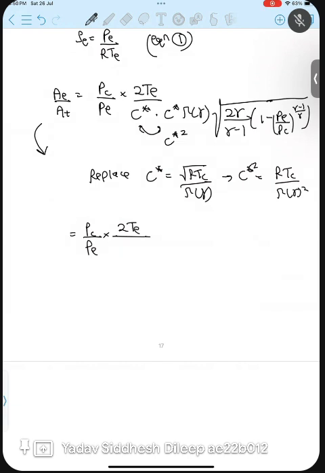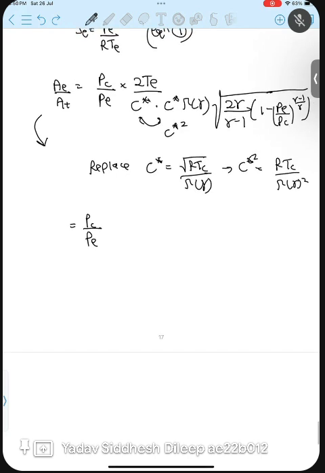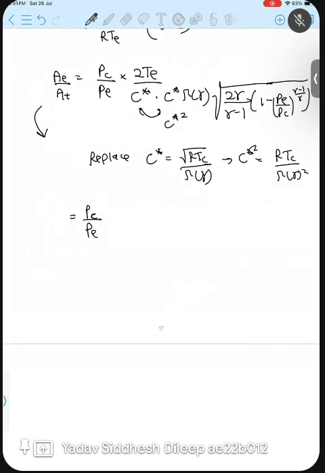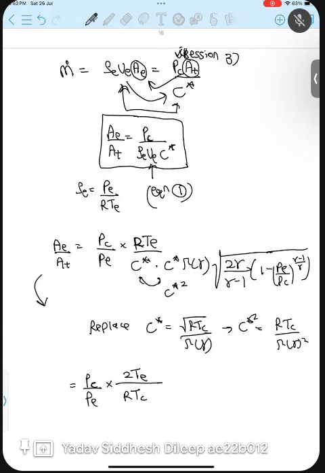Just a minute. The mistake that we made was that instead of R I wrote 2 over here, because rho E equals P by RT.